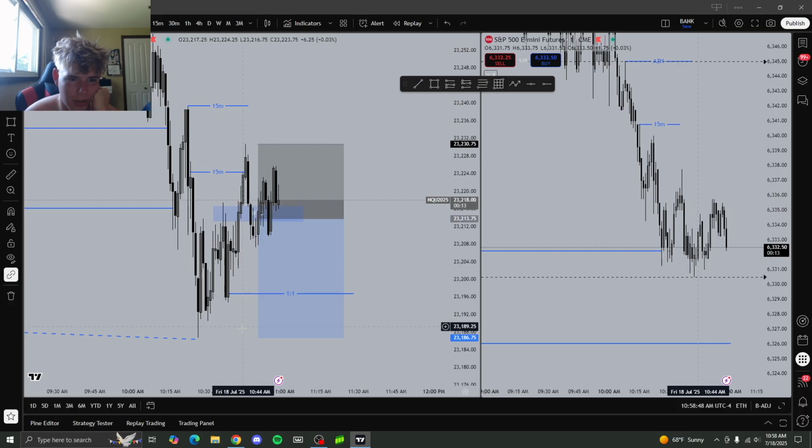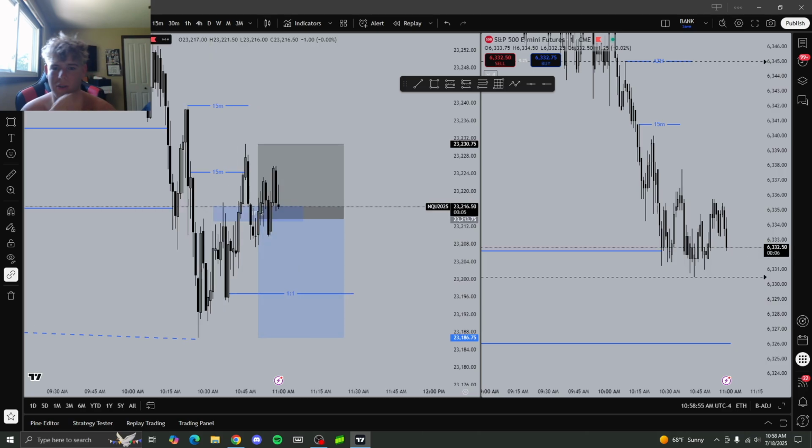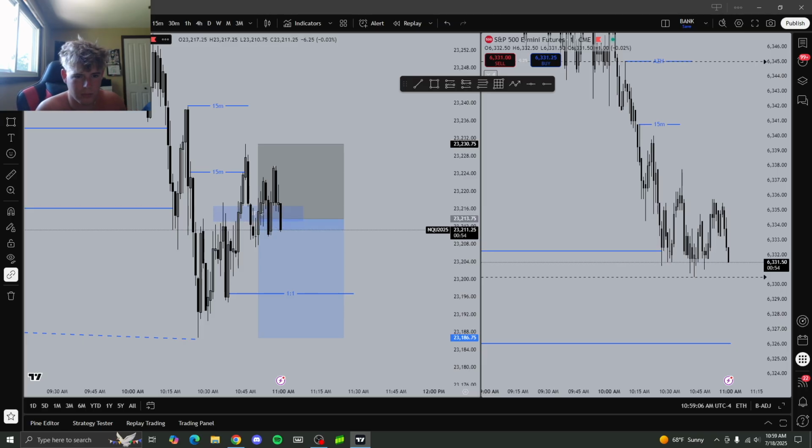I saw this as nice displacement, and so, whatever. ES is looking bearish right here. If NQ can just push lower, bro. Push lower, bro.